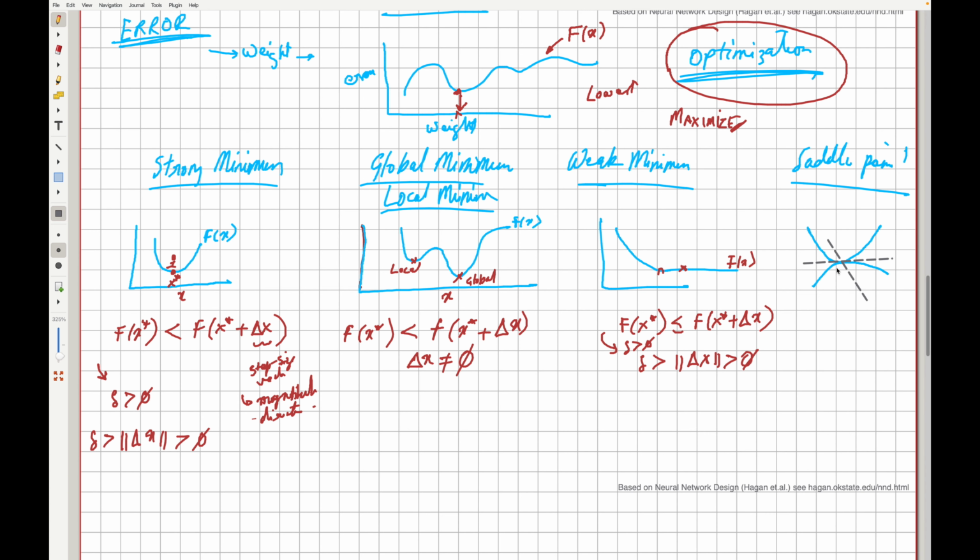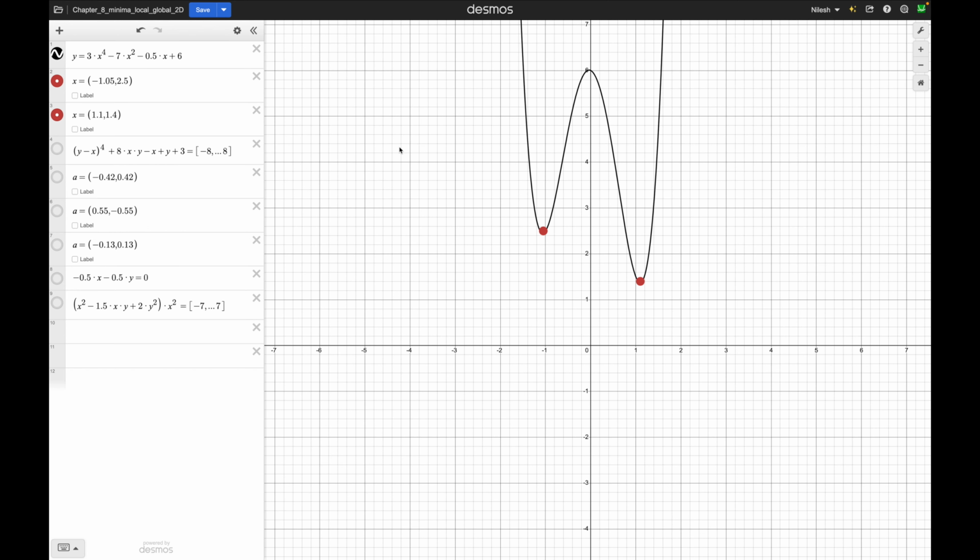What I'm trying to say is, if I move along one direction, the only way is up. If I move along the other direction at the same point, the only way is going down, and that's the saddle point. Here is a plot. That function is f of x, as you can see written here on the left hand side, and there are these two dots in red that show the minima.